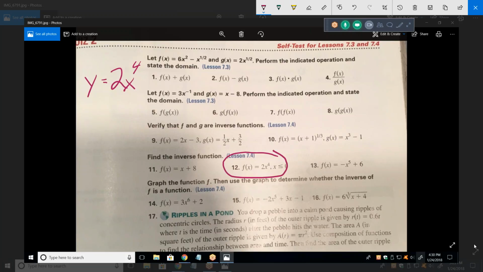Oh, I was reading that. You swap the variables. In other words, wherever you see y, make it read x. Wherever you see x, make it read y. So when I swap the variables, this is what I get. Correct? Now, the third step is to solve that for y.